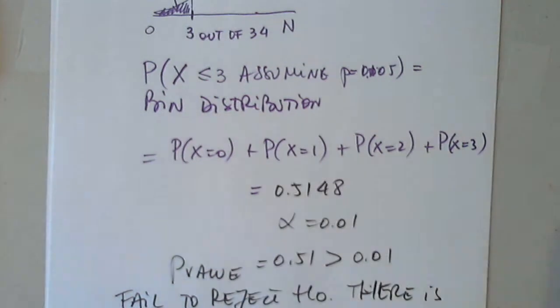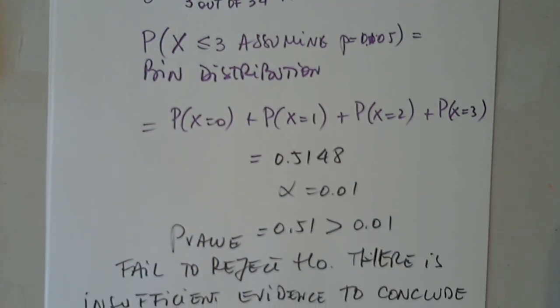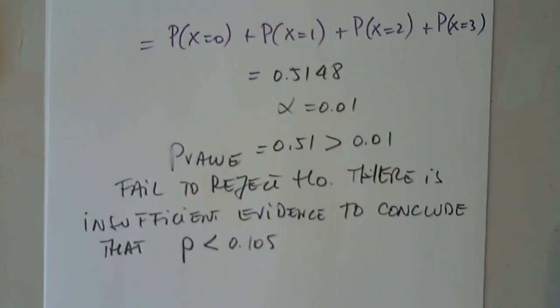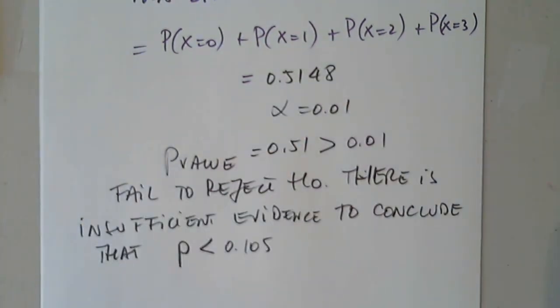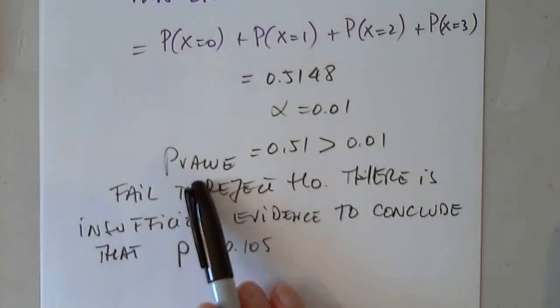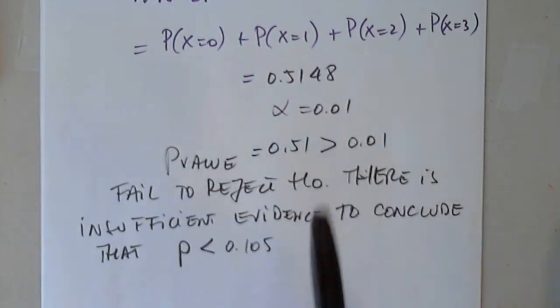It is unusual to be less than 3. I couldn't reject the null hypothesis because the p-value was higher. So you weren't able to reject it? Yes, every time the p-value is greater than alpha, I can never reject.